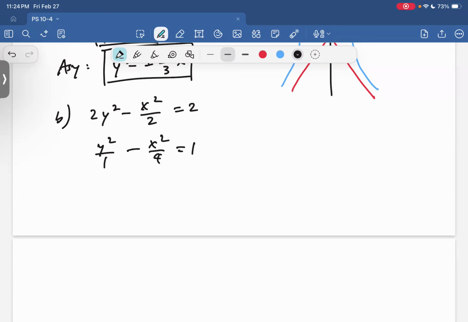Okay. So my center is 0, 0. A equals 1, B equals 2, so that means C equals root 5.